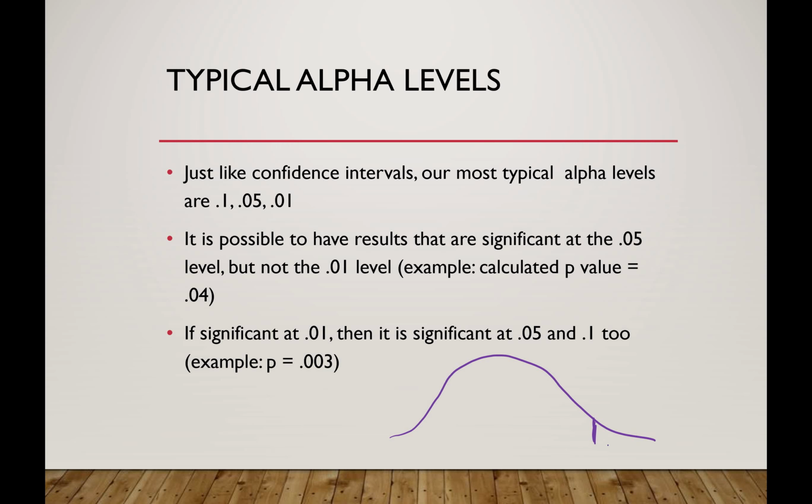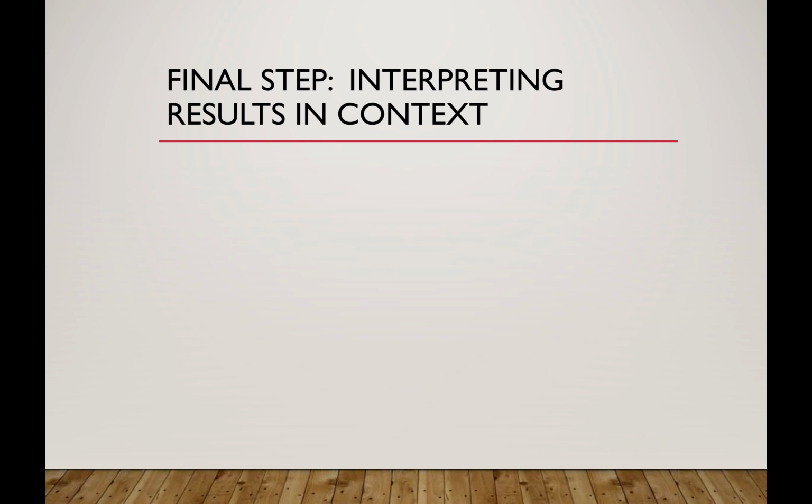So if I'm at 0.05 here, if I have a value here at like what would be kind of 0.04, then I wouldn't have significance at 0.01, because I would be in between those. So it just depends on what your confidence level is, whether you're statistically significant. You've got to compare your value to the confidence level.